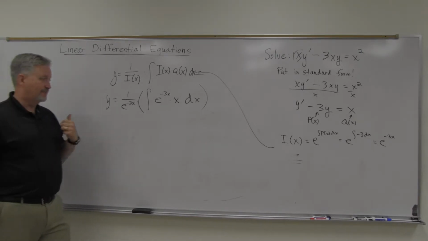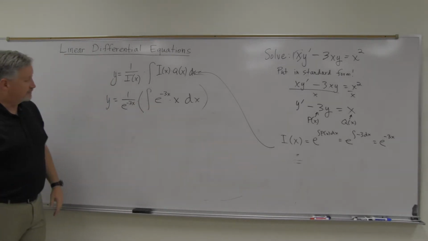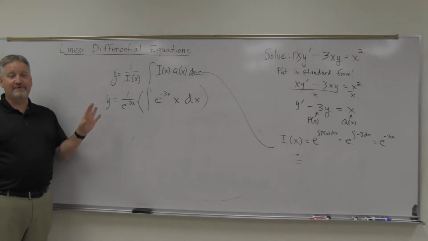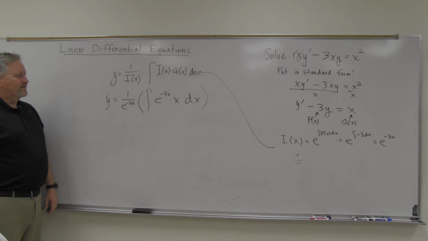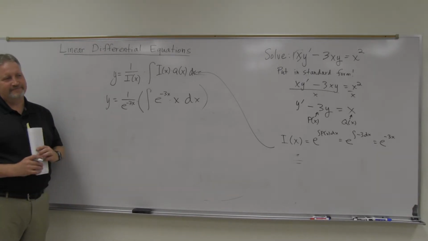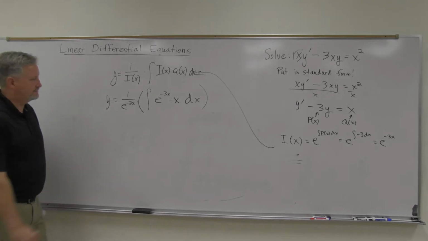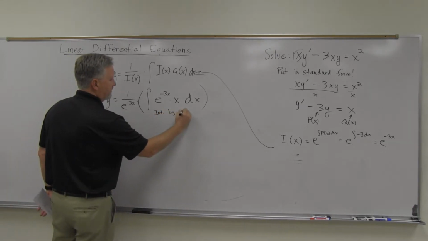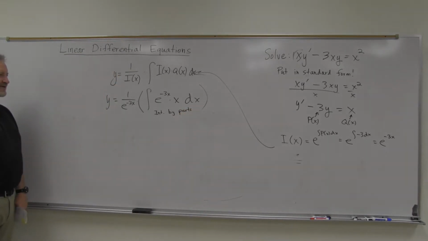If you recall, the technique we used on one like this, I don't know if we did exactly this one, but a very similar one, is by parts. So maybe you'll run into some parts integrals on these. So yeah, integration by parts, a little refresher on how to do parts. It's been a while.